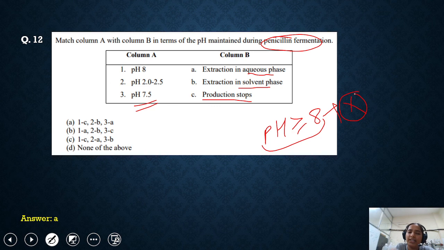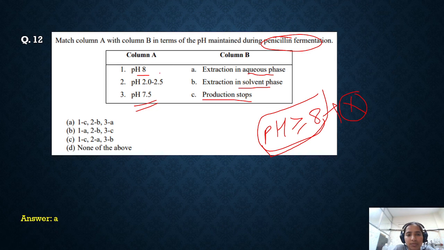So you must know at least till which pH it will form or not form. So when pH is very basic, like 8, the production of this will stop. So for this, first one is matched with C.